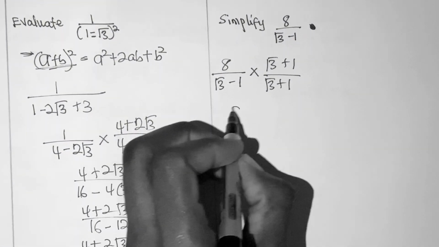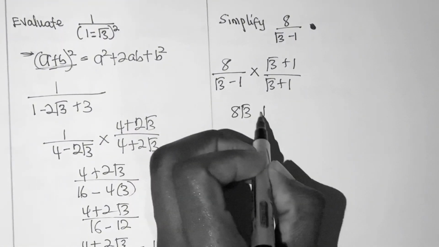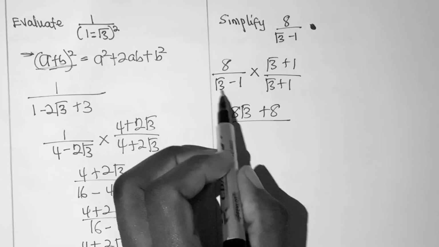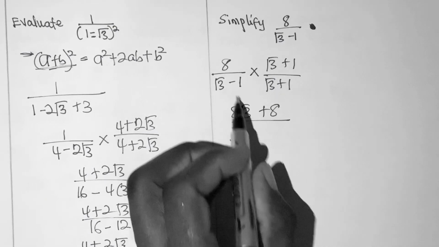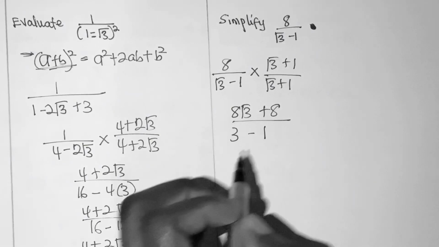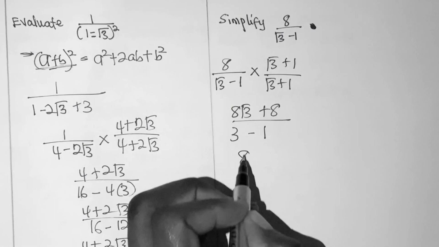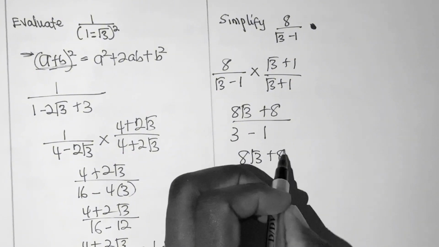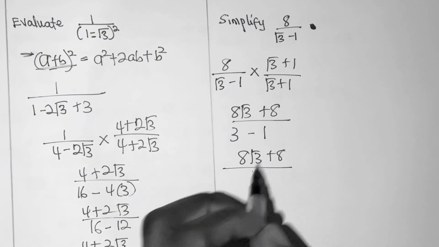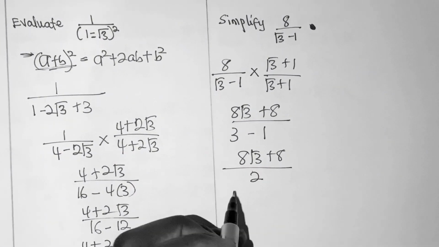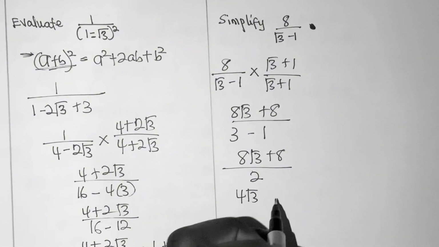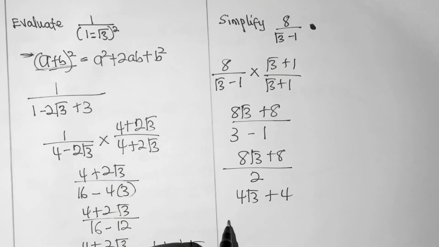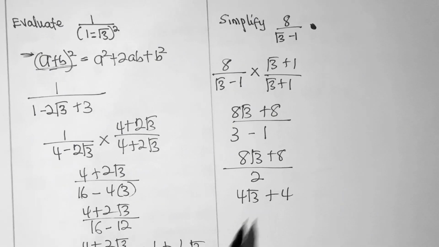So 8 times root 3 is 8 root 3, then 8 times 1 is 8, divided by the difference of 2 squares: root 3 times root 3 is 3, minus 1 times 1 is minus 1. So we get 8 root 3 plus 8 divided by 3 minus 1, which is 2. 8 divided by 2 is 4 root 3, then 8 divided by 2 is 4. So at the end of the day, we get 4 root 3 plus 4.